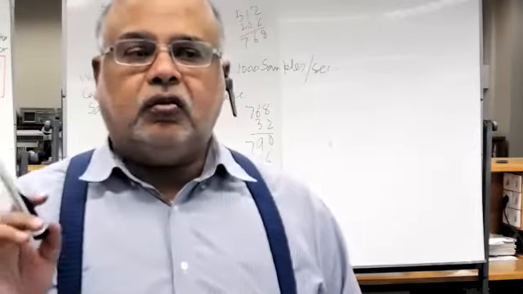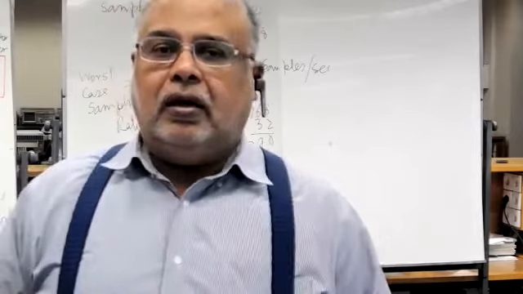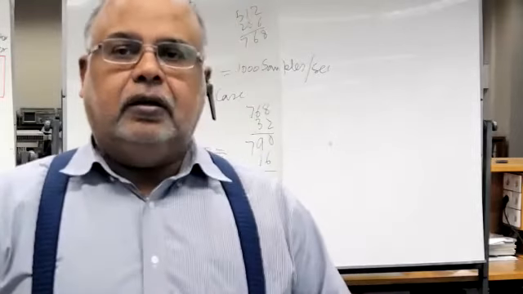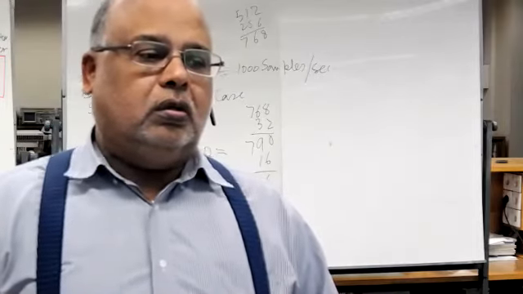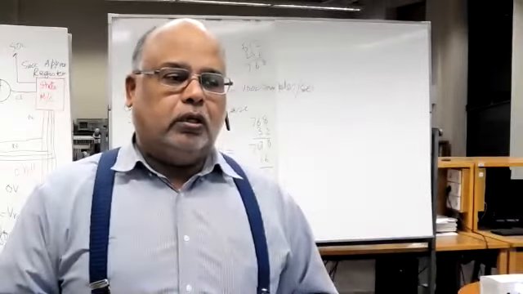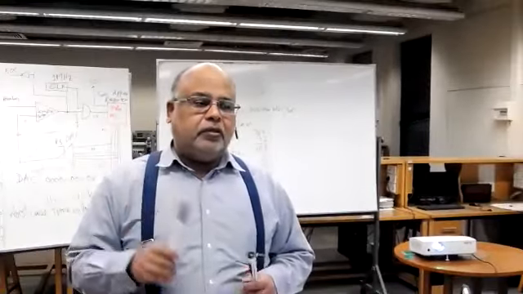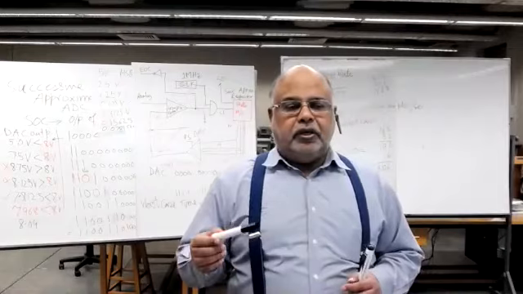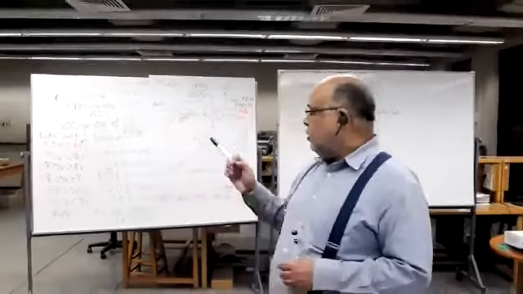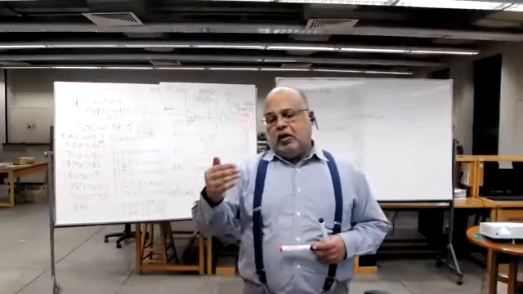And if that also makes the number greater than this, it will change that also to 0. It will not keep that 1. So it will check also the last bit, and if that also makes the answer of the DAC greater than the input, it will change that also back to 0.